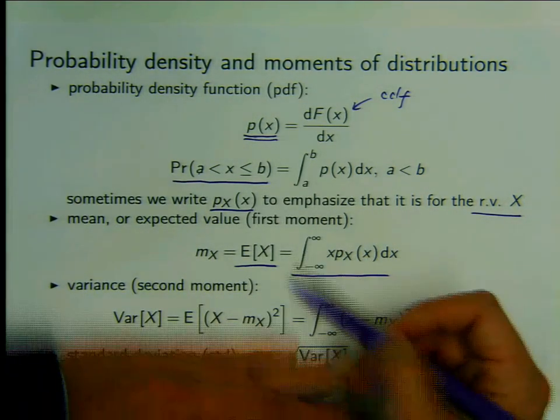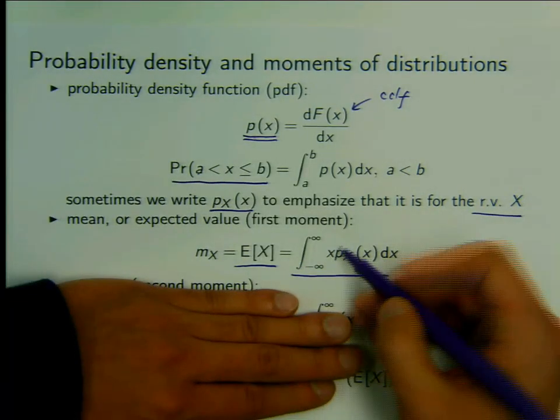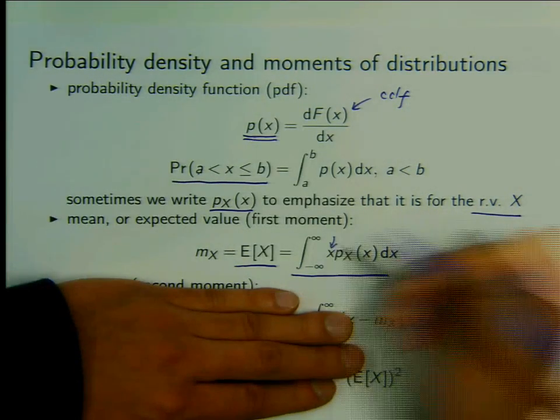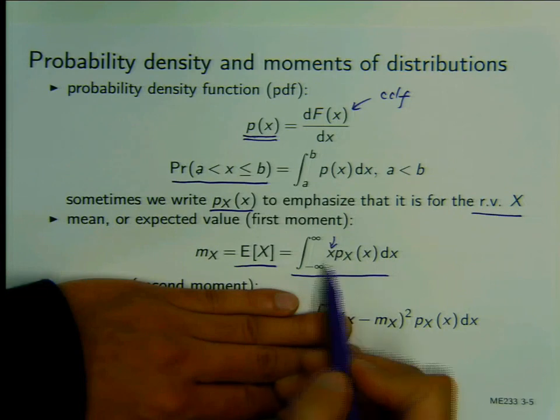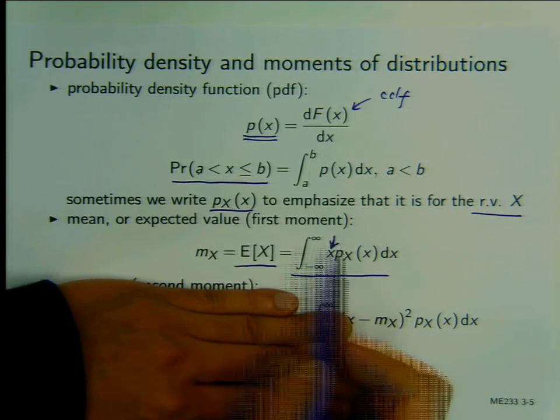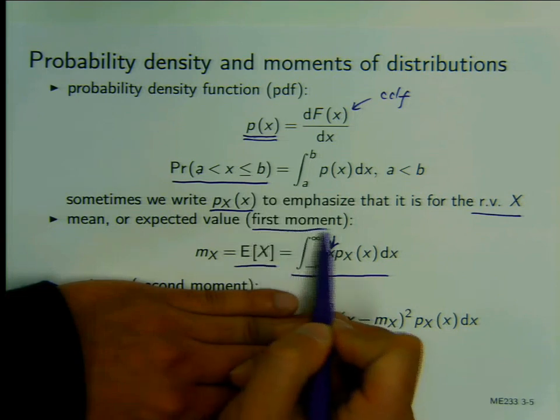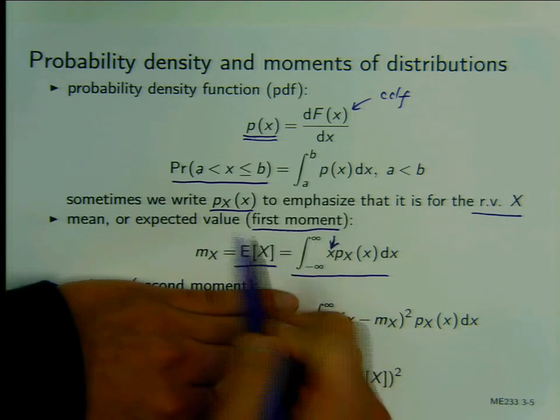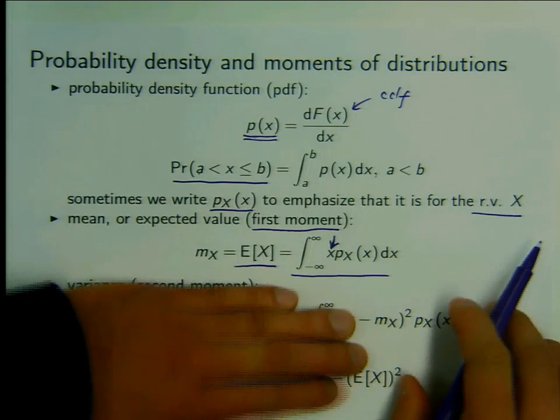Because of the form of this integral, this is usually called the first moment of the random variable.